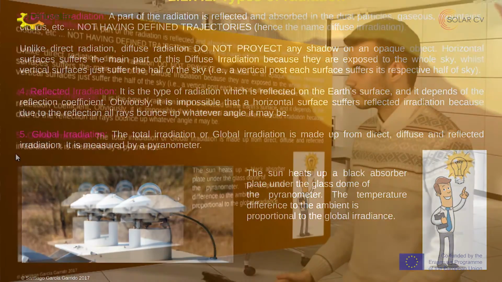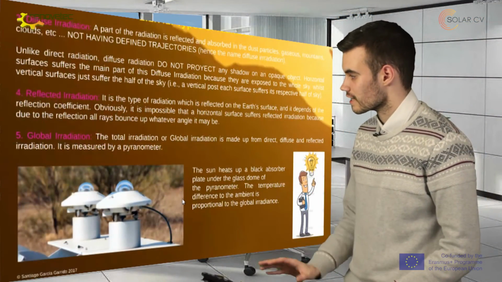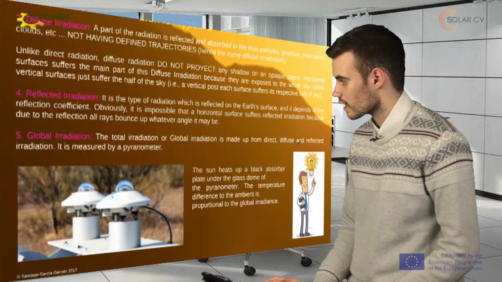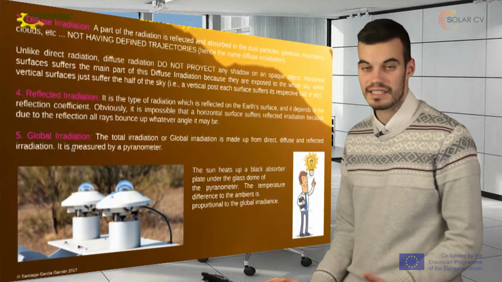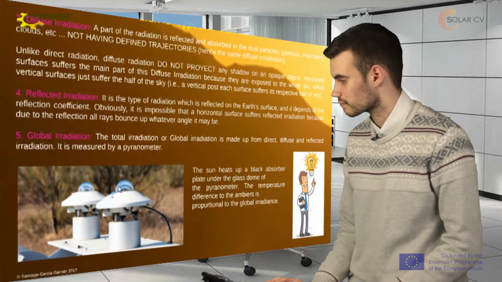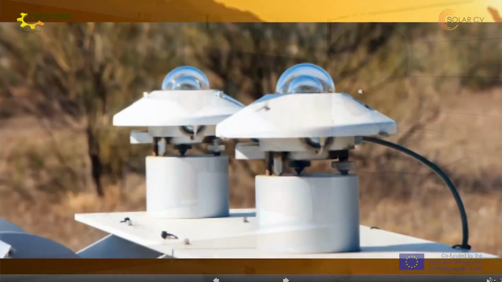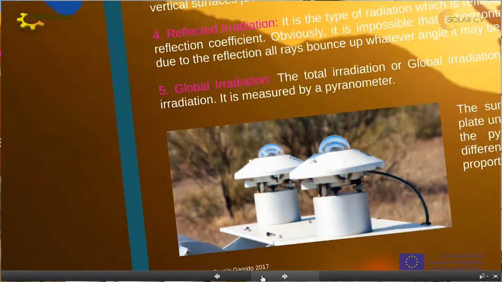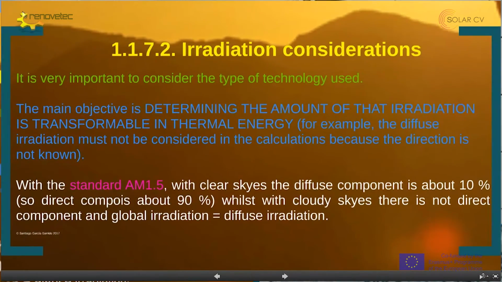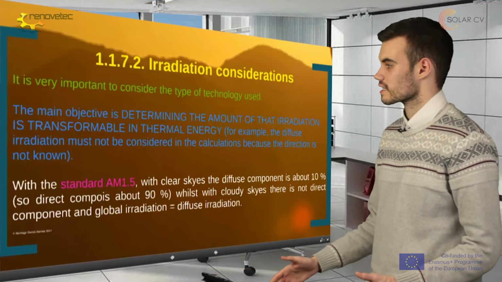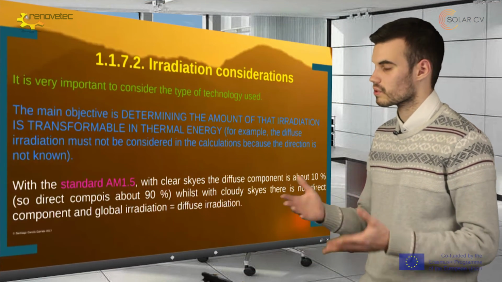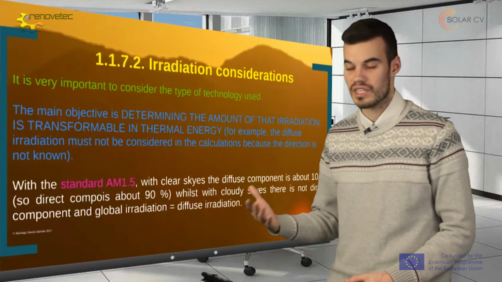Global irradiation is made up by direct, diffuse, and reflected irradiation, and this is measured with a pyranometer. Here we can see 2 pyranometers. Finally, we need to understand that it's very important to consider the type of technology used.